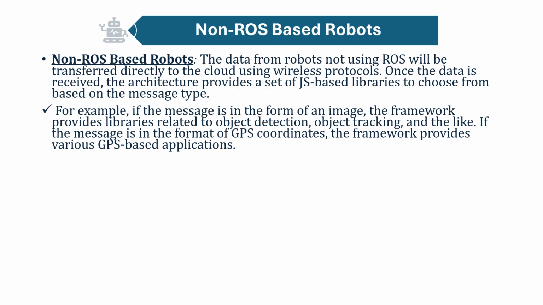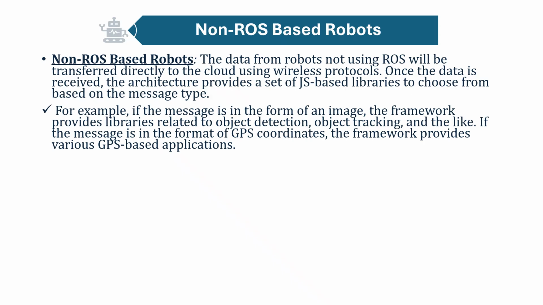The architecture provides libraries for object detection, for tracking of the object and for linking the object. If the message is in the form of GPS coordinates, then the cloud platform provides GPS based applications. Clear?